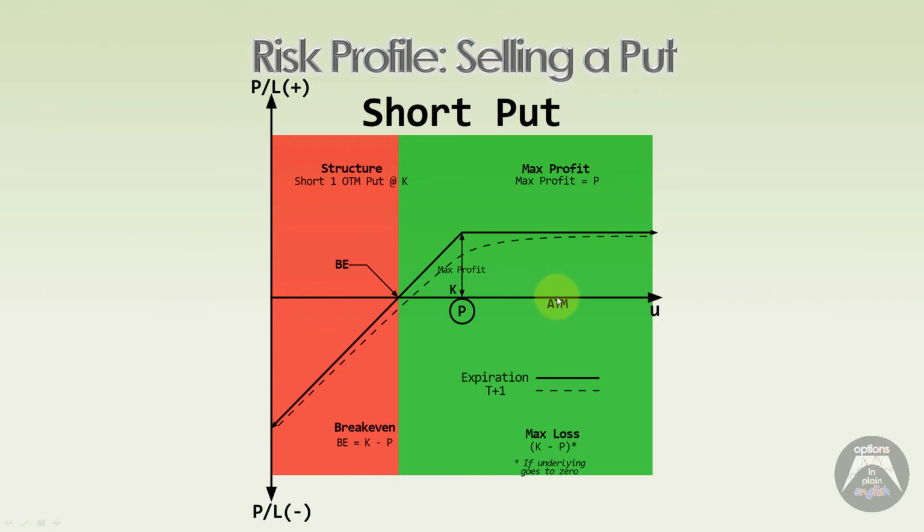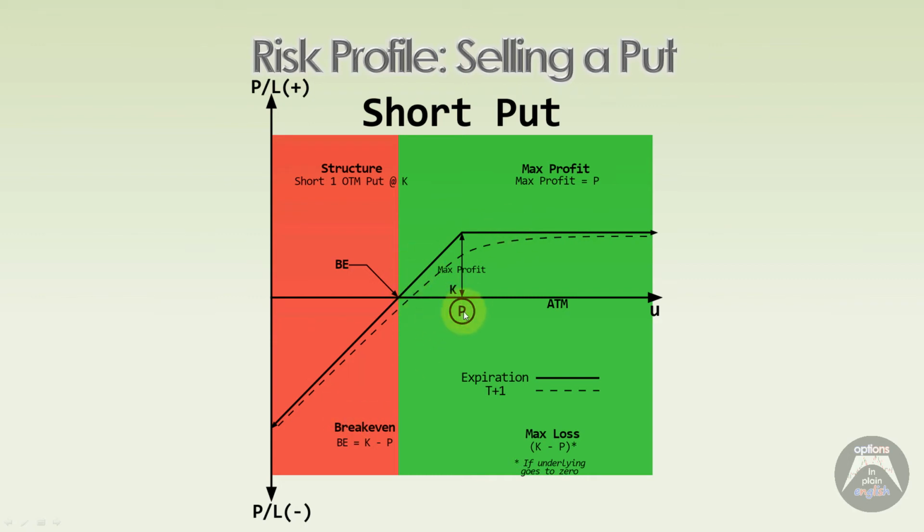You only lose money if there's a violent or large move to the downside. This is one of the reasons why traders use this strategy, because it gives you a wider profitable area, even though the amount that you're going to be making is limited. It's only the initial credit.